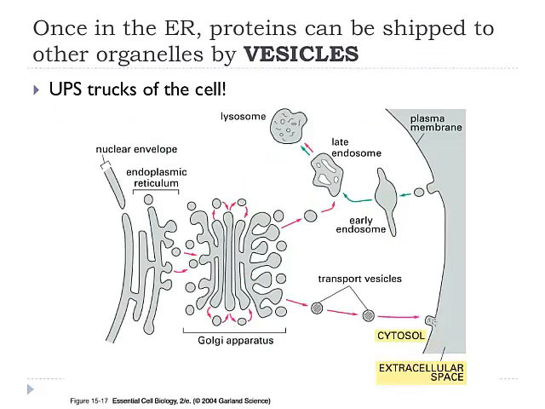All right, so assuming that you have passed all of the quality control mechanisms that exist in the ER to make sure that you've got the protein, it's properly folded, it's assembled into a quaternary structure if necessary, it's glycosylated if necessary.